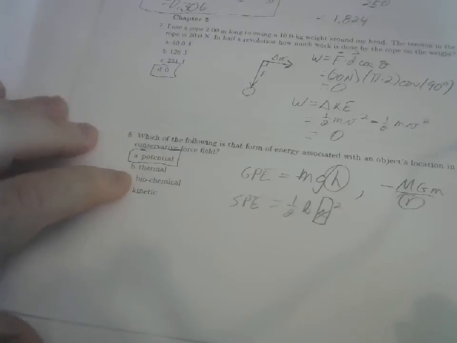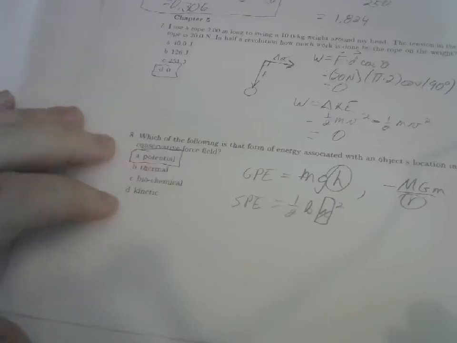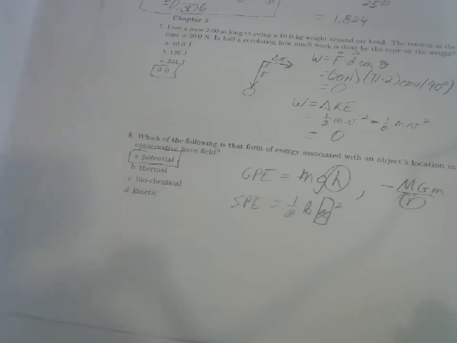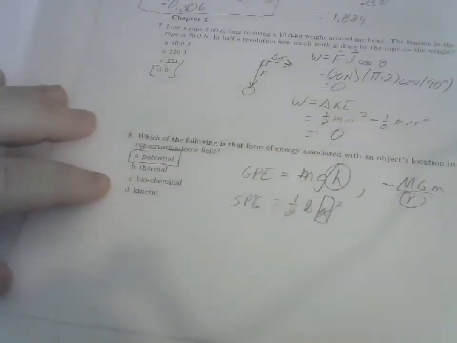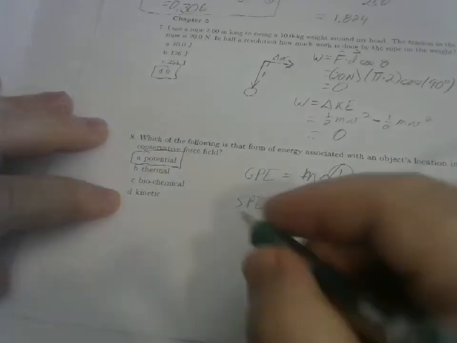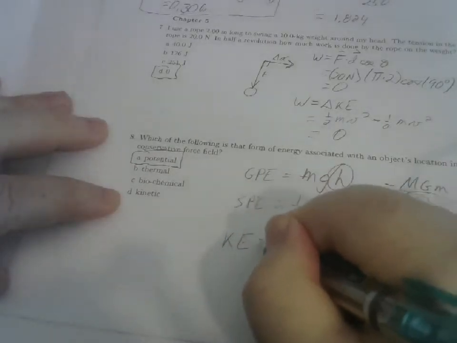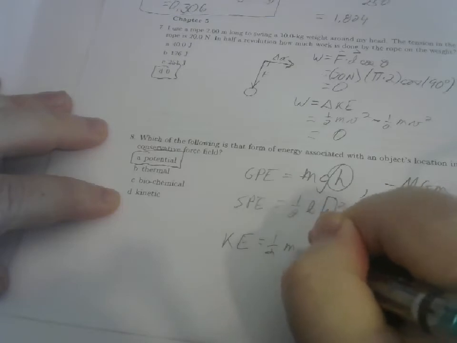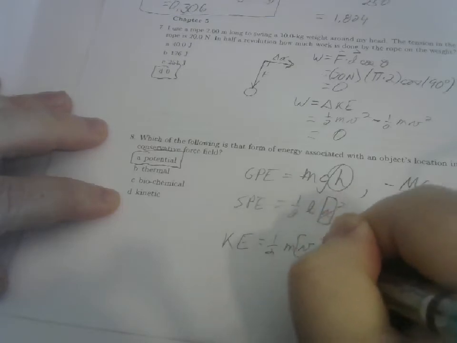Thermal is associated with temperature. Biochemical, I guess, I don't know, associated with calories. Kinetic is a function of the object's velocity.